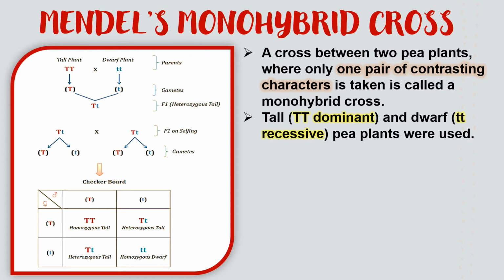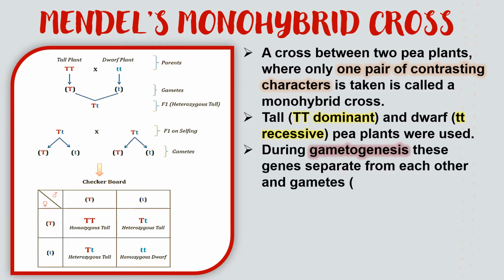So, Mendel used tall and dwarf pea plants. Tall is shown by capital TT, showing that it is a dominant characteristic, and when we use lowercase alphabets like small tt, it shows that those are recessive characteristics.